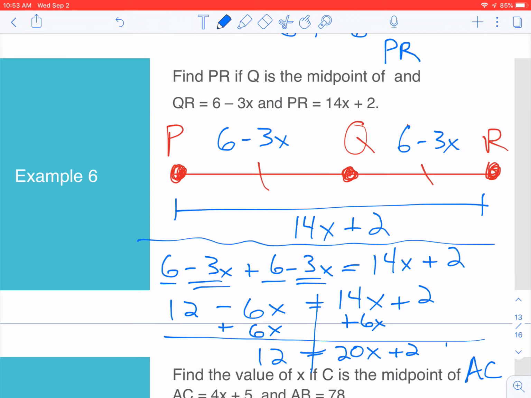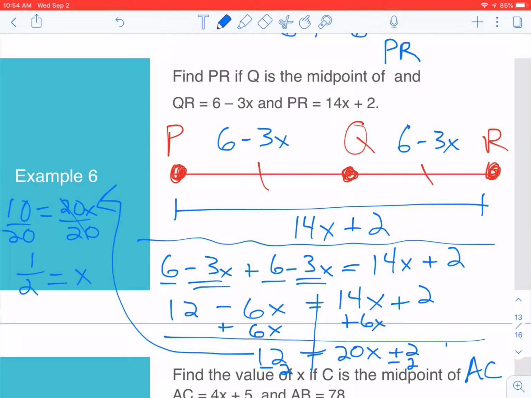Okay, I write really large, so I apologize. I'm going to carry this over here. Okay, I'm going to minus 2 from both sides. So that's going to be 10 equals 20x. Divide both sides by 20. X equals 1/2 or 0.5. Now, I need to find PR.